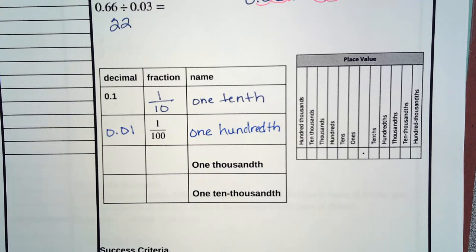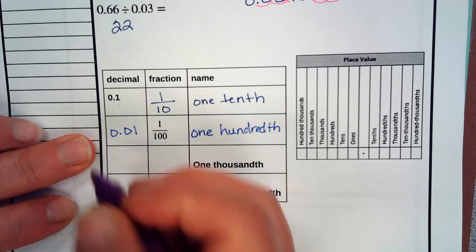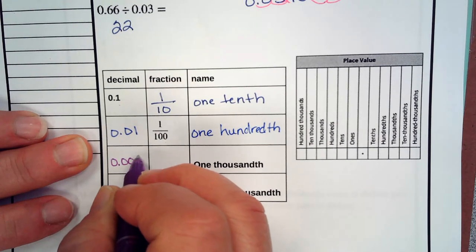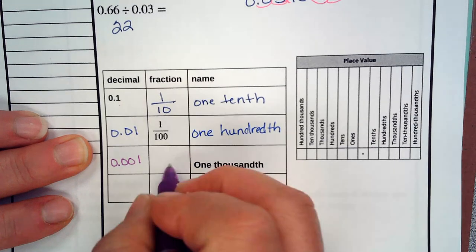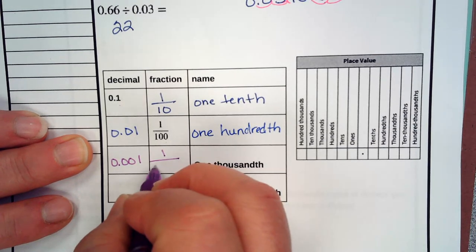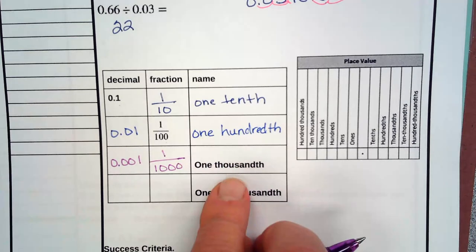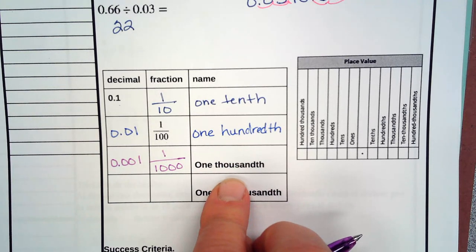Okay, thousandths. We're moving our decimal over 1. So this is 0.001. This is 1 over 1,000, which is 1,000th.